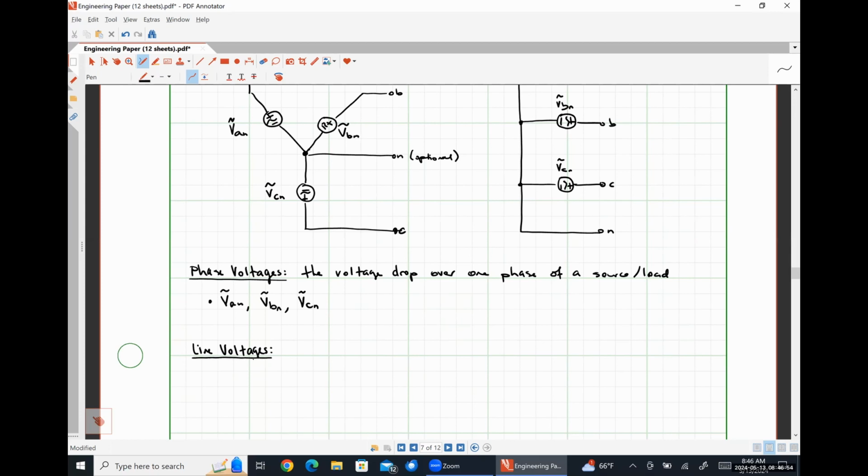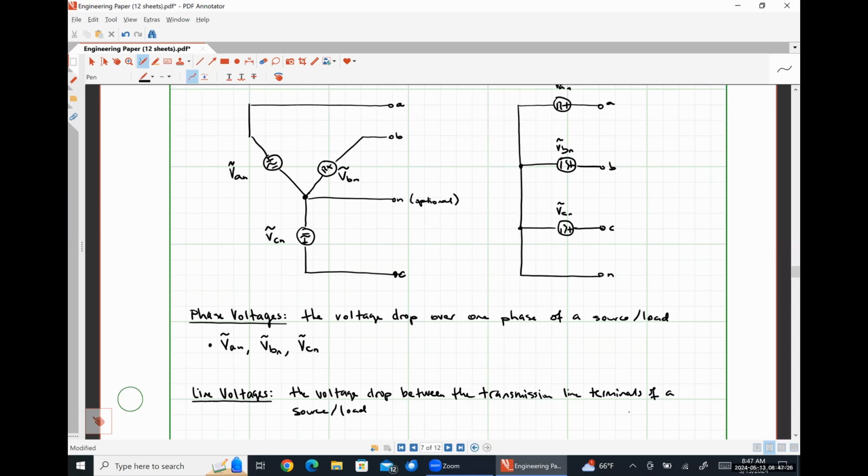So a line voltage is the voltage drop between the transmission line terminals of a source or load.